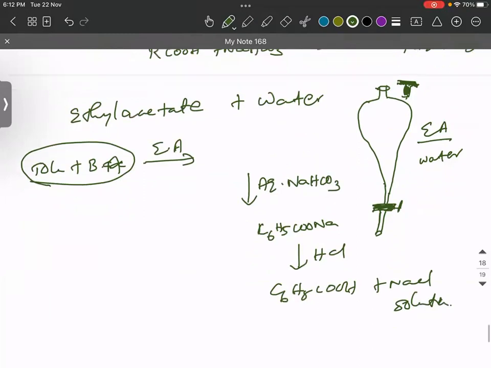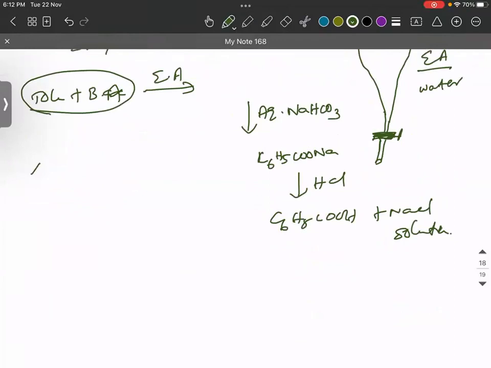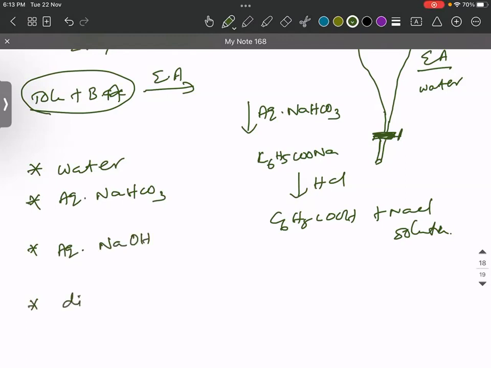So the compounds can be classified in this order: aqueous sodium bicarbonate soluble, then aqueous sodium hydroxide soluble, and then dilute HCl soluble.